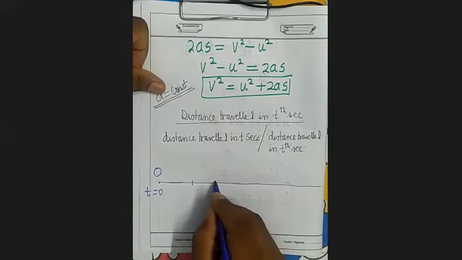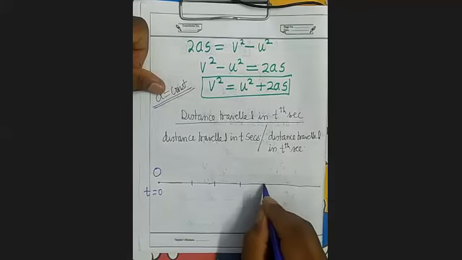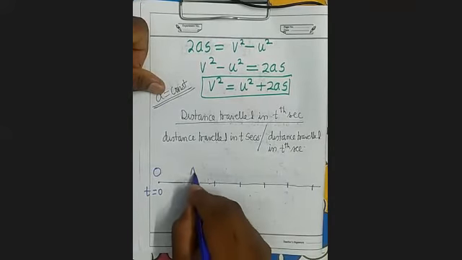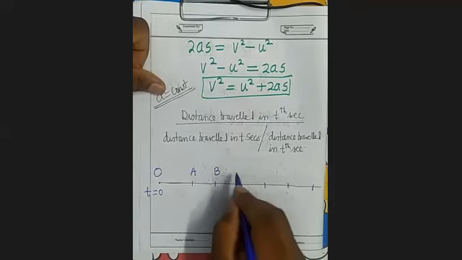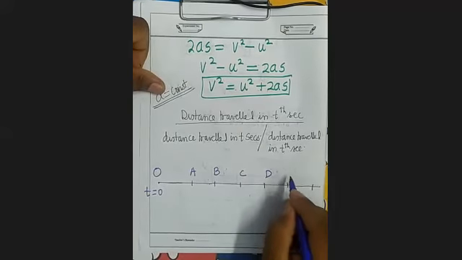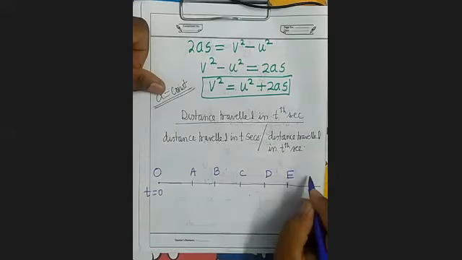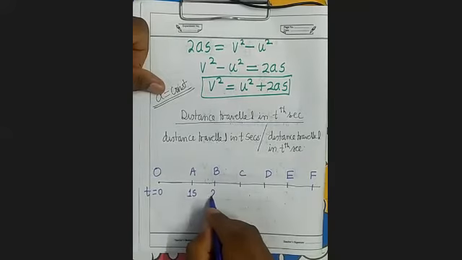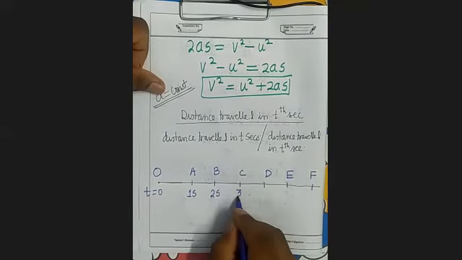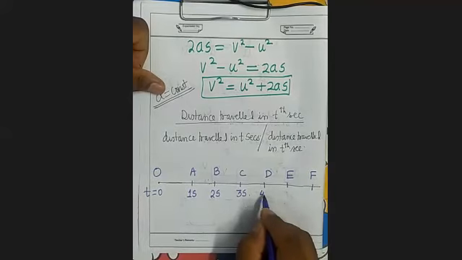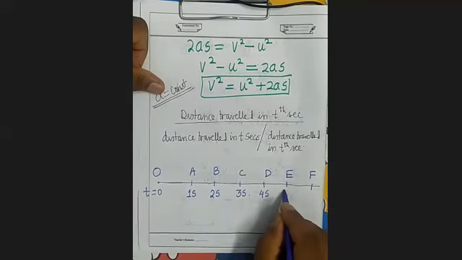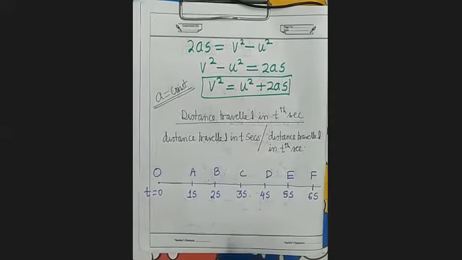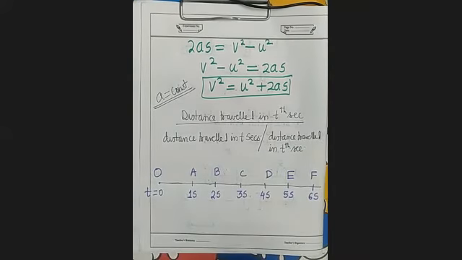Then these are the different positions of the body at different timings: A, B, C, D, E, F. At t equals 1 second, it is here. At 2 seconds, it is here. At 3 seconds, here. At 4 seconds, here. At 5 seconds, here. At 6 seconds, it is at F.